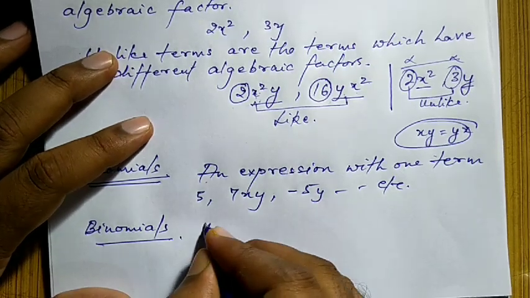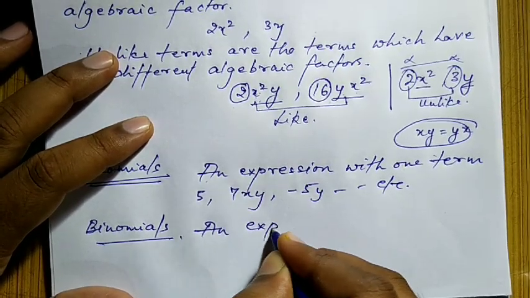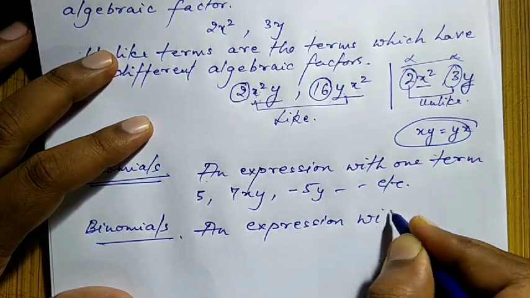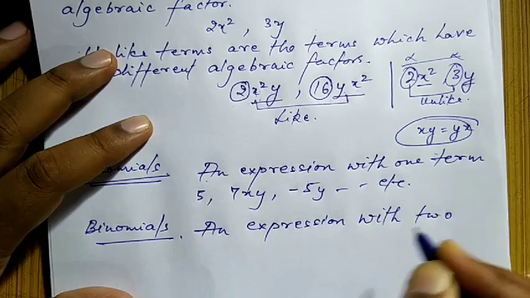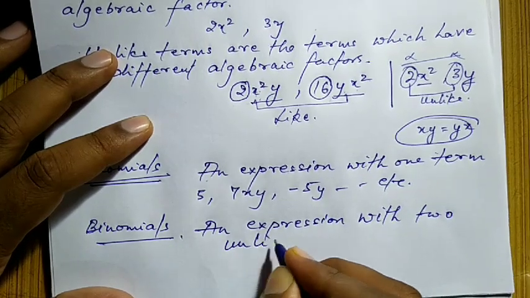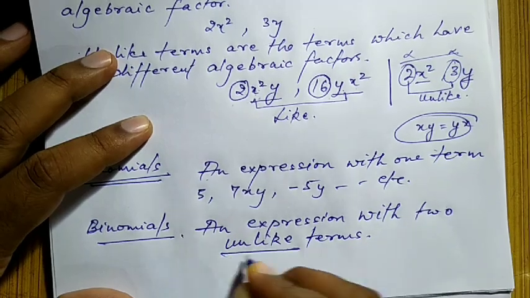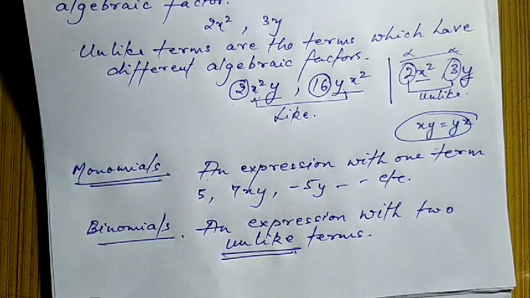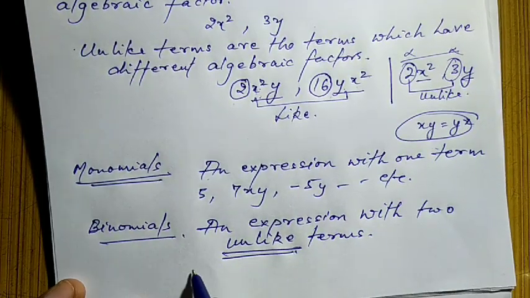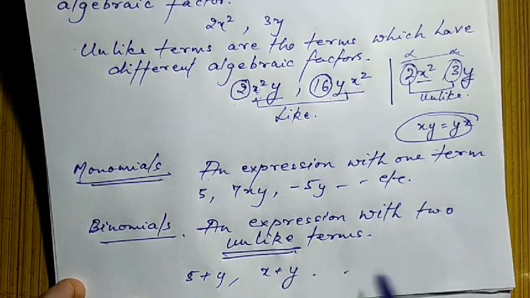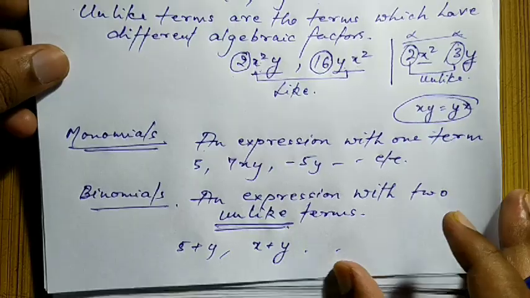An expression with two unlike terms is called a binomial. For example, 5 plus y, x plus y. These are examples of binomials.